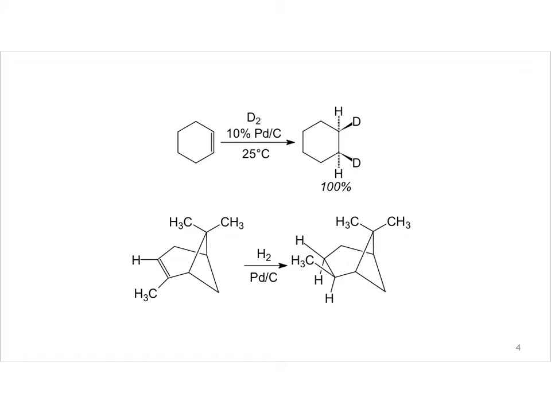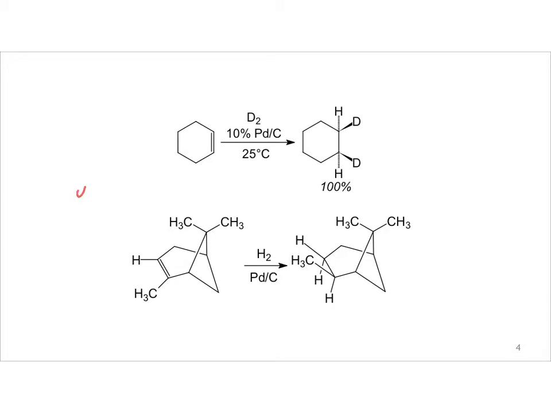Experimental support for the syn addition can be found in the hydrogenation of cyclohexene using D2 instead of H2. Spectroscopic analysis confirms that 100% of the product shows that the deuterium is added in a syn fashion. Further evidence of the heterogeneous nature of the reaction comes from the reaction of the molecule shown here at the bottom of the slide.